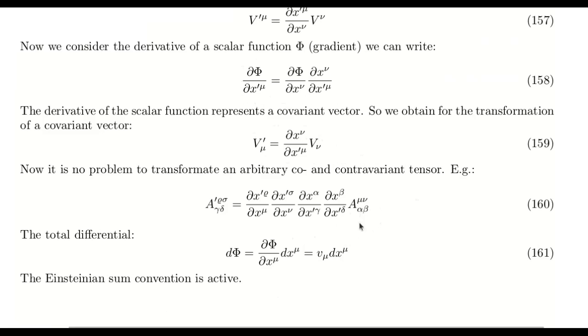Alpha is vanishing because there is a scalar product over this index, and we have to introduce a new index for the transformed tensor, here gamma. And we have here the differential quotient dx alpha by dx gamma, like we had derived before above.